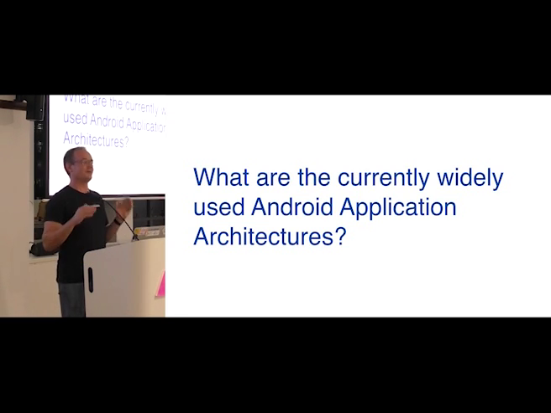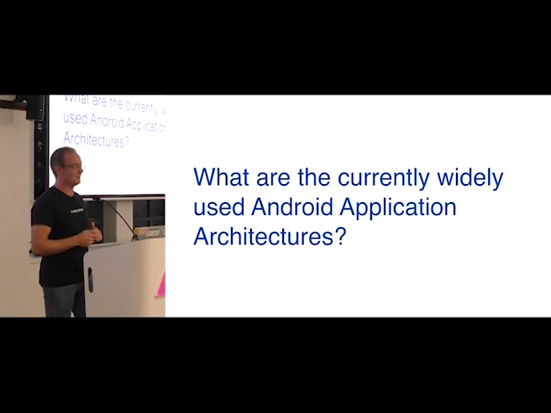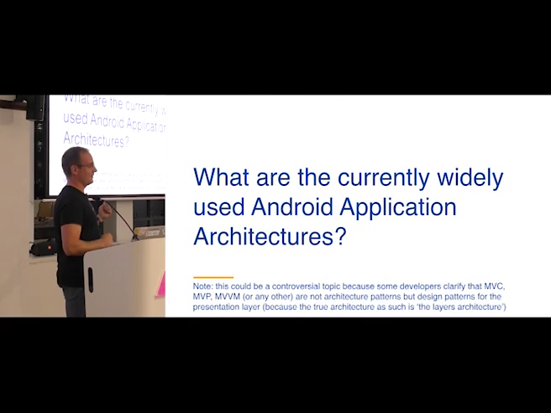You have probably heard of and probably use model view model, model view controller, model view presenter, model view intent, this unidirectional stuff and everything. There is a remark that MVP, MVVM and MVI can be considered not only as Android application architecture, but more like design patterns for the presentation layer.